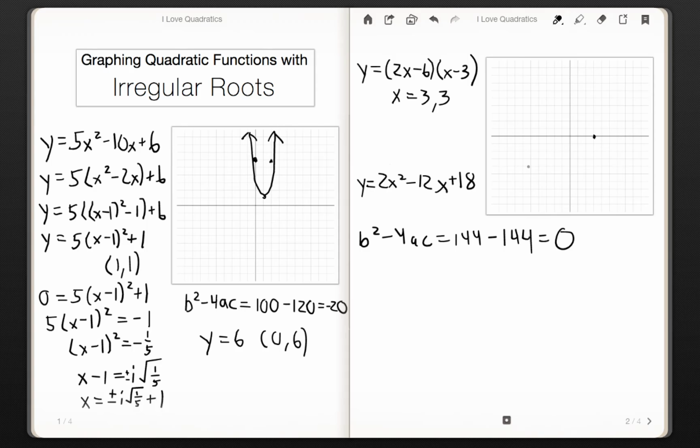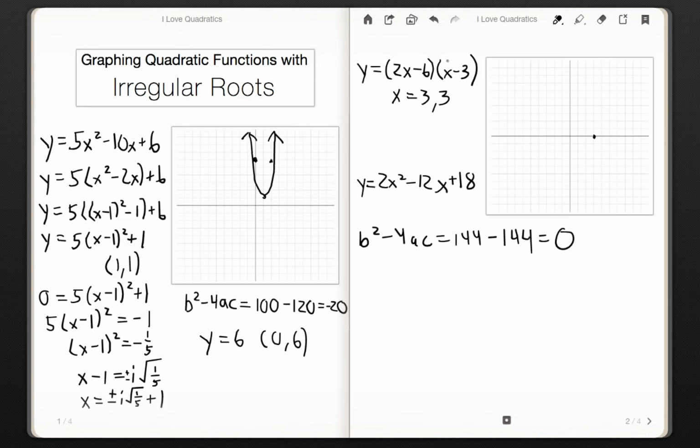Now here's the problem with that. 18 is way off the graph up here. So the y-intercept isn't going to help us. It's going to give us a general idea that the graph is very steep going up this way. But we want another point that we can actually plot on this grid that only goes up to 10.